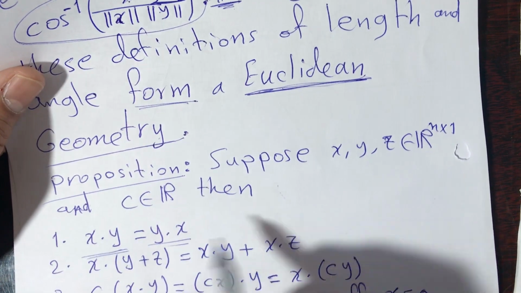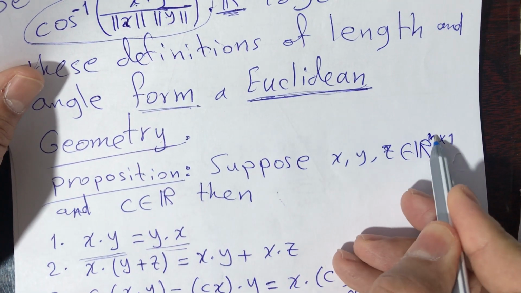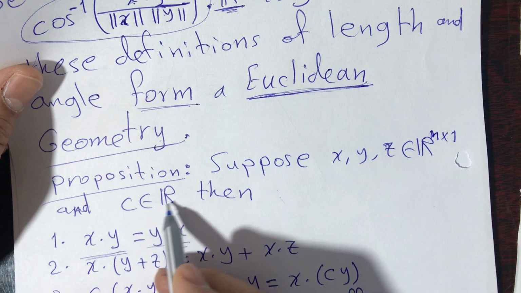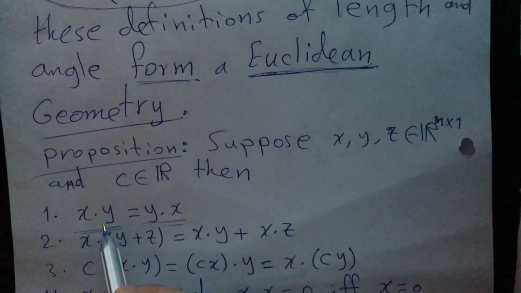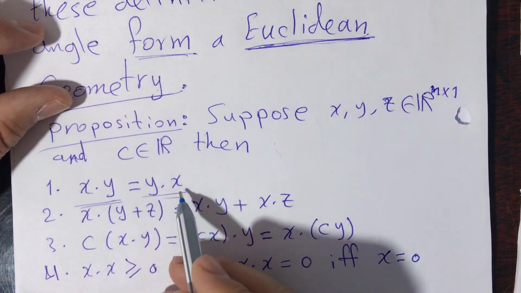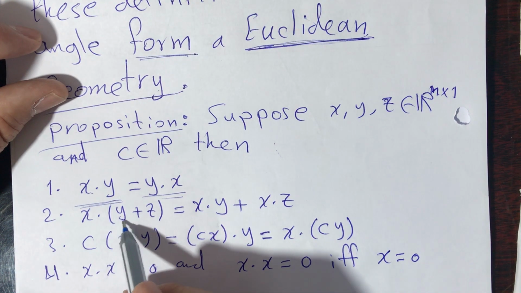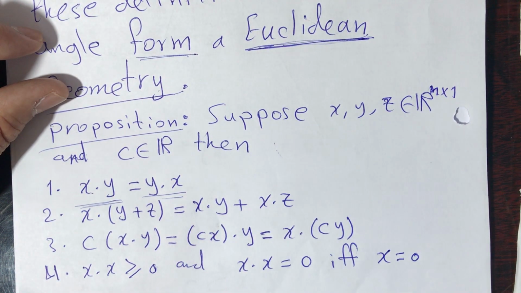Proposition. Suppose z belongs to R^(n×1) and c belongs to R. Then x dot y equals y dot x, and x dot (y plus z) equals x dot y plus x dot z.